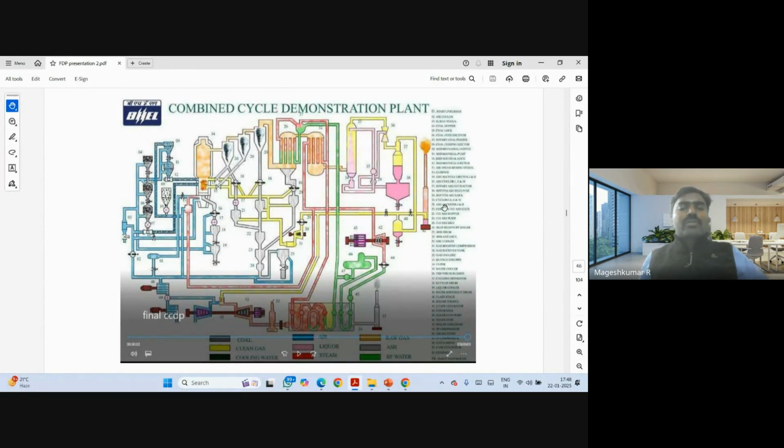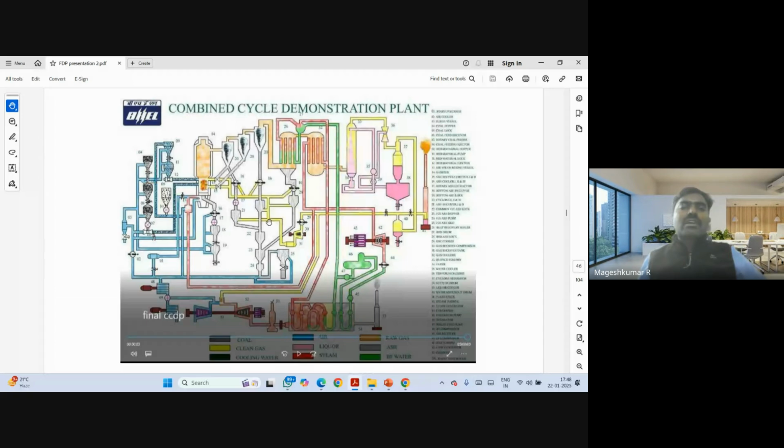This is a circuit which we usually see in drawings in books. Many of us would have read it. It is a gasifier. This is the ash handling system, and this would be coal feeding, cyclone separators, and other things. Once syngas is produced, there would be 3 cyclone separators.